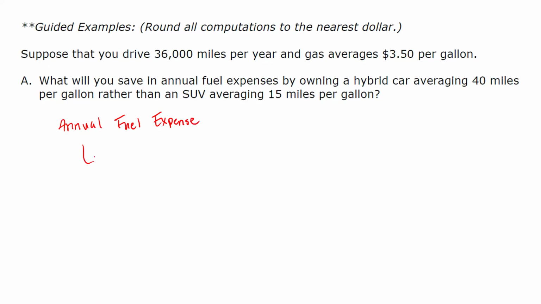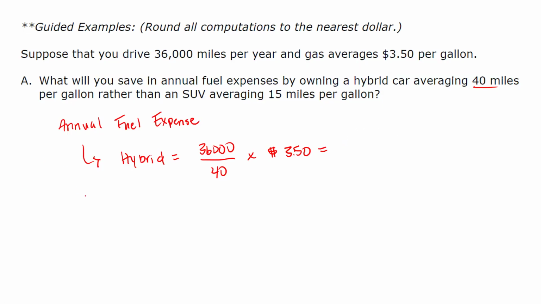For the first one, we're going to look at the hybrid. So we'll take the annual miles driven, which is 36,000, divided by the miles per gallon, which our problem says is 40 miles per gallon, times the average cost per gallon, which is $3.50, and we'll multiply that together.